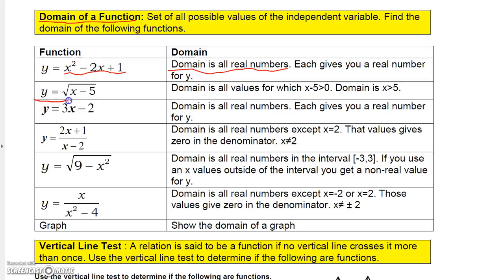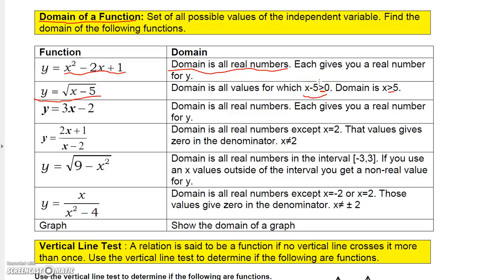Okay, this function here, y equals square root of x minus 5. Remember that since it's a square root, x minus 5 has to be greater than or equal to 0. And actually I should have greater than or equal to 0 here. Okay, so x minus 5 must be greater than or equal to 0.